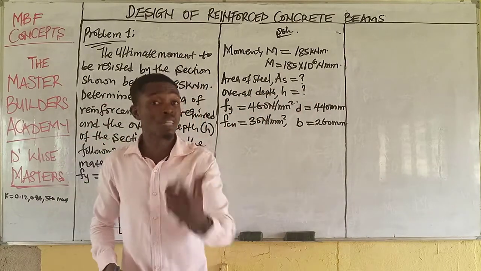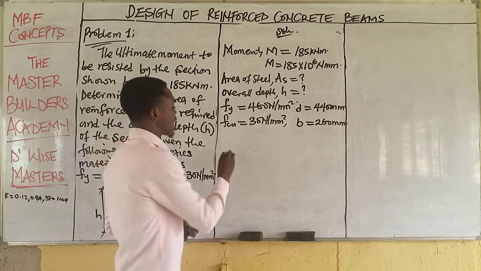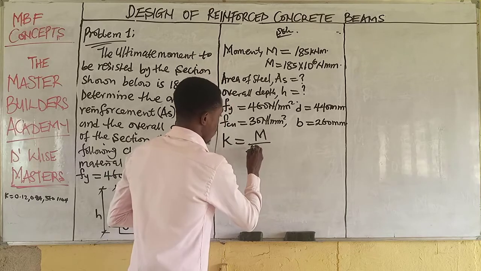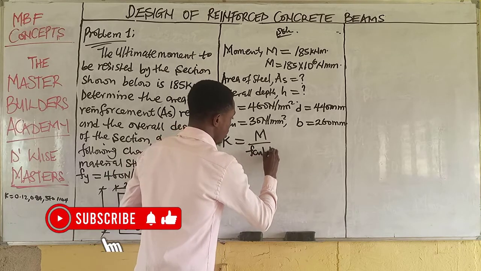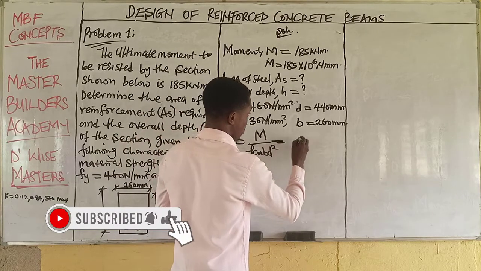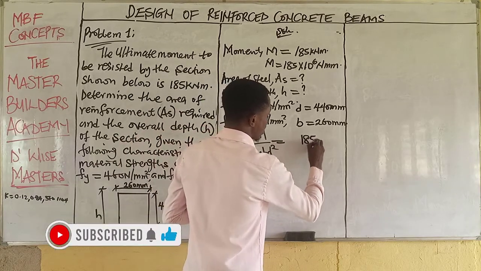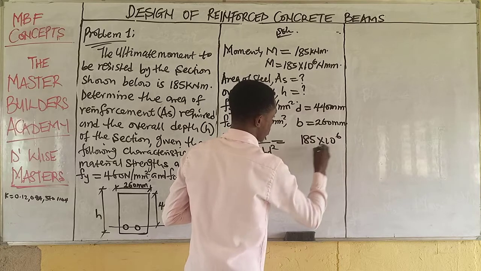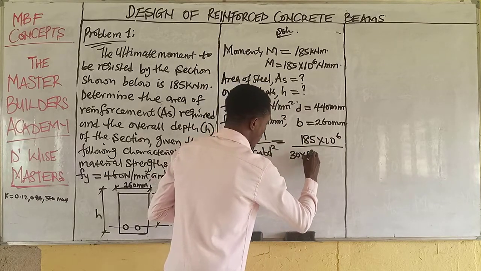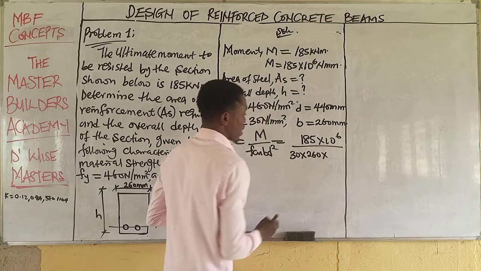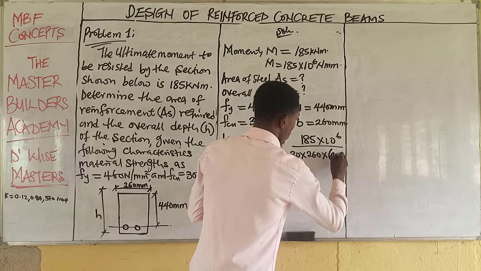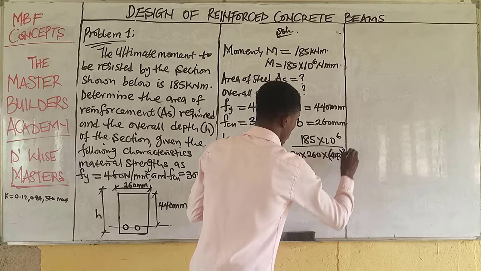And that is the reason why you calculate for K. So we have that K is equal to M over fcu bd squared. So I will quickly substitute into this equation: 185 multiplied by 10 raised to the power 6, all over 30 multiplied by 260 multiplied by d, which is 440, all squared.